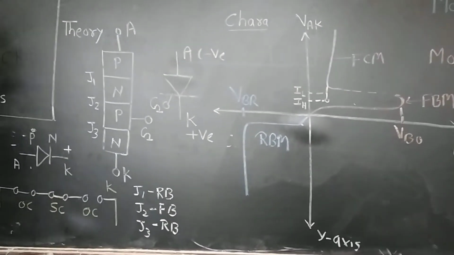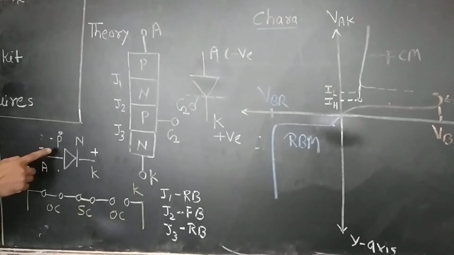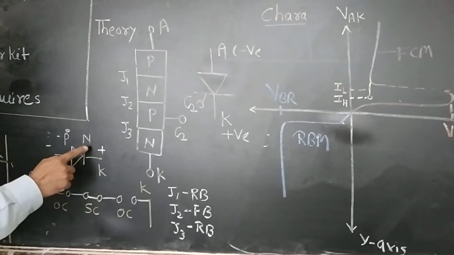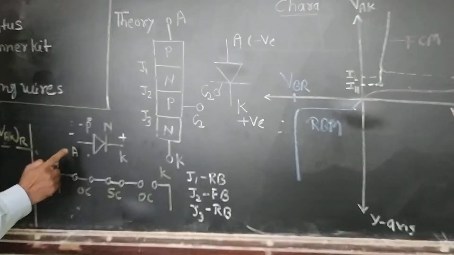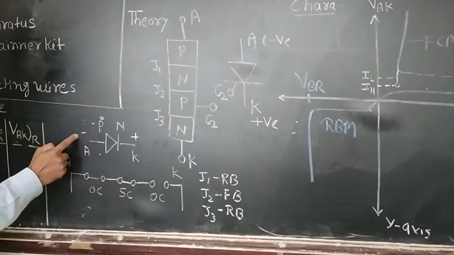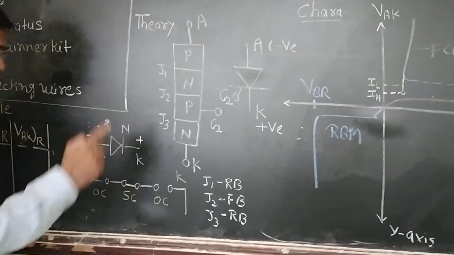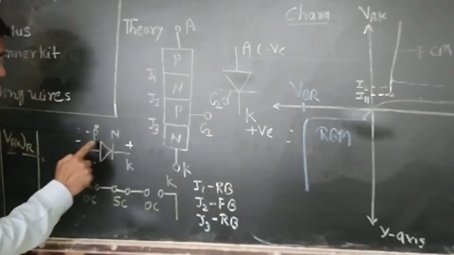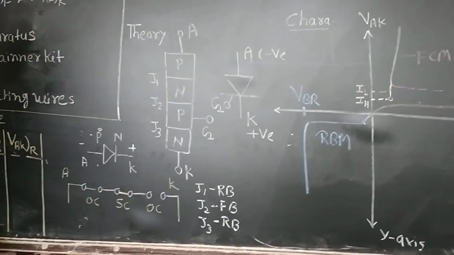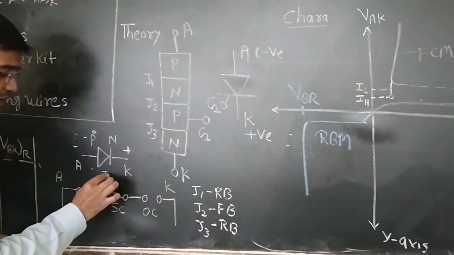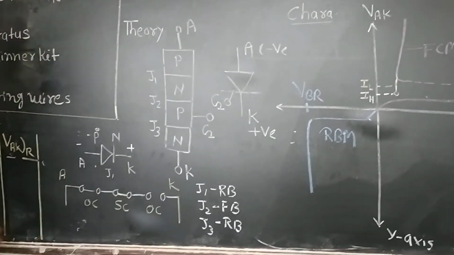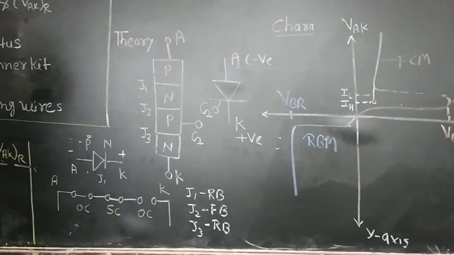For better understanding, consider a diode with P-type and N-type material, where the anode is connected to the negative terminal and the cathode to the positive terminal. We know very well this diode behaves like a reverse bias condition. A reverse bias condition in the electrical equivalent circuit diagram is treated like an open circuit.